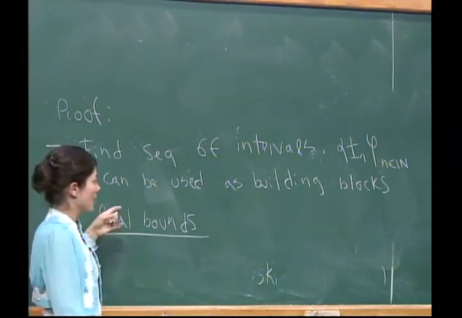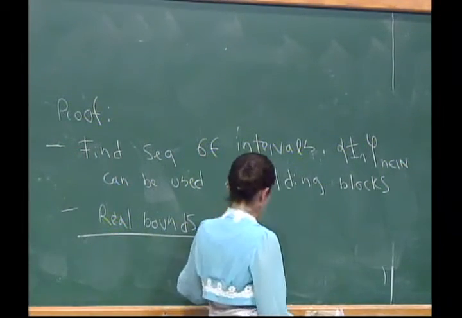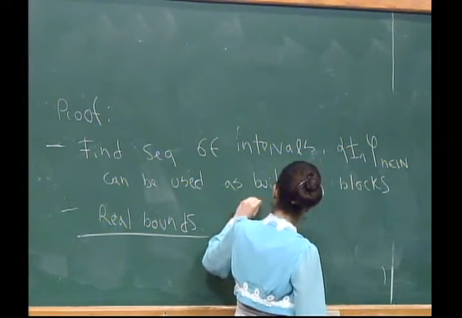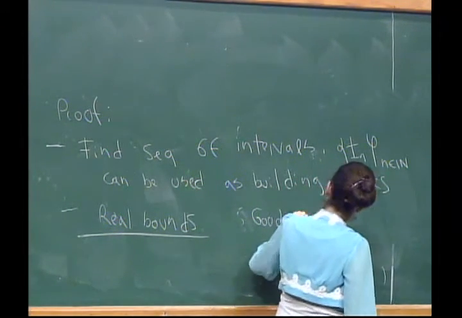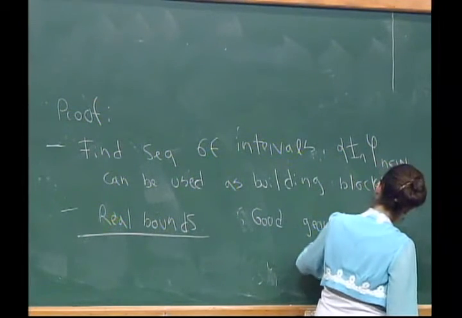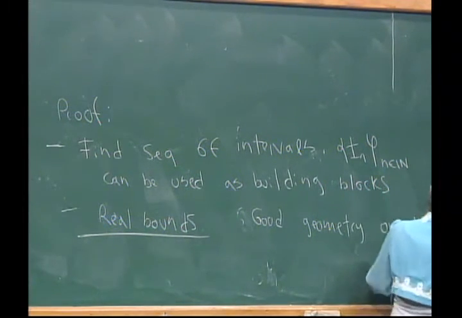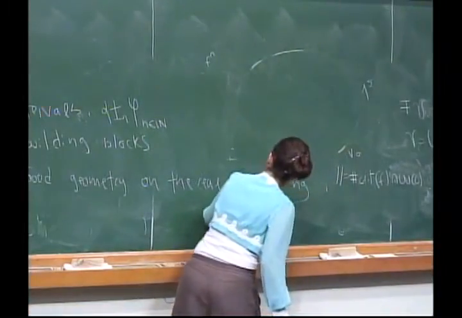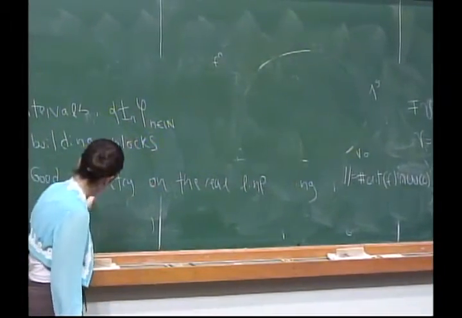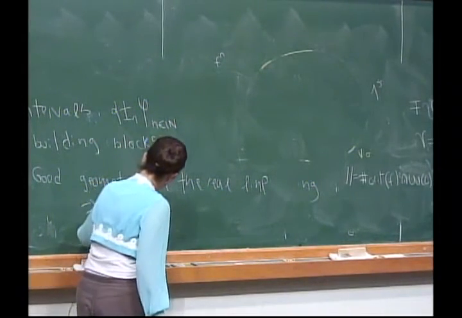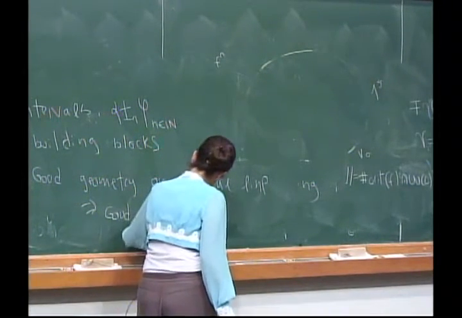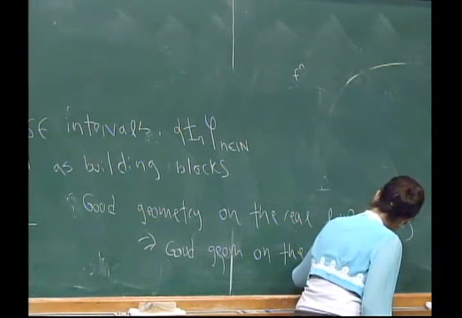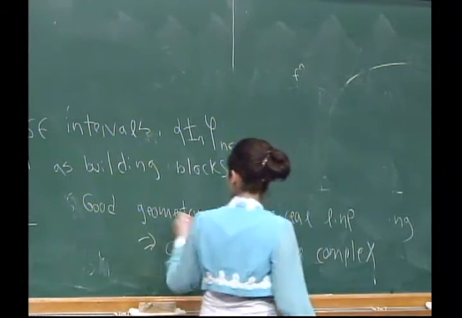So the real bounds are essentially that if you have good geometry, let's say, on the real line, then this will give you good geometry on the complex plane. This is morally what it means.